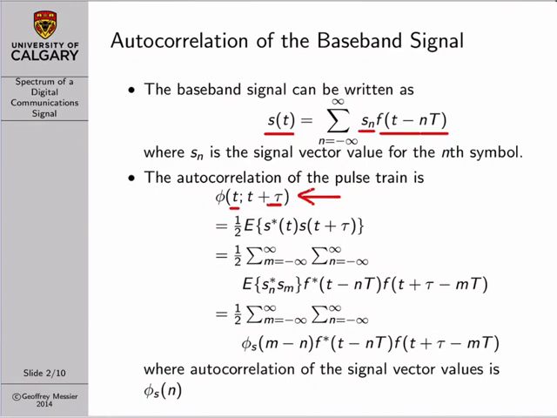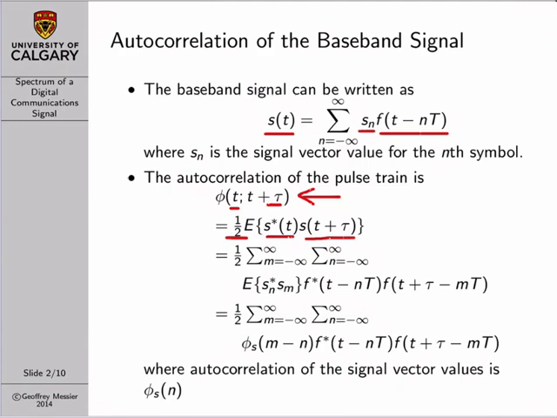And autocorrelation of any stochastic signal is equal to the expected value of the signal conjugate multiplied by the signal at the time shifted value. And this 1/2 term is there because we're assuming that in general the signal could be complex, right? So that would be the case if we had a 2 basis function signal, maybe if we were representing PAM or QAM at the baseband.